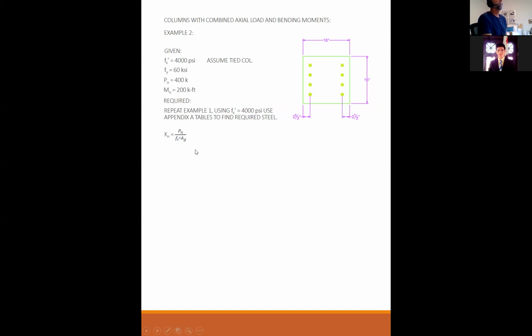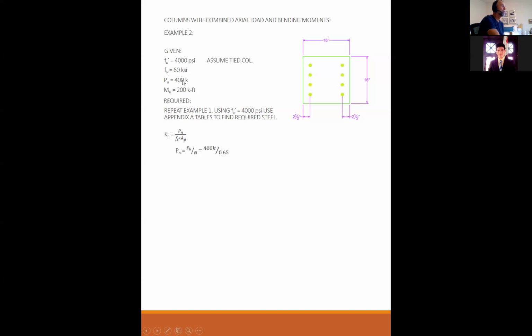So Kn is Pn over f'c Ag. Pn is Pu over phi. For here, because this is a tied column, we're going to use phi equal to 0.65. You wouldn't start this with a phi of 0.9 because you're probably not going to be in that part of the interaction diagram where it's tension controlled.